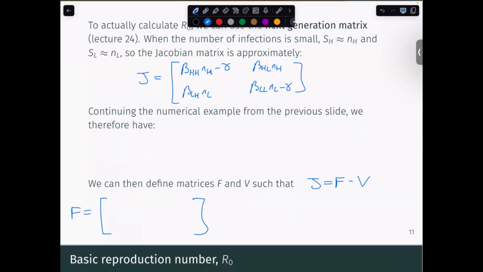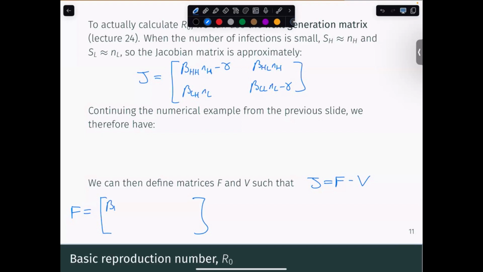So this term here, everything that has a beta in it, in fact, corresponds to new infections because it's transmission, right? So we only take things out of this matrix that have new infections. So we have beta HH NH, beta HL NH, beta LH NL, and beta LL NL.